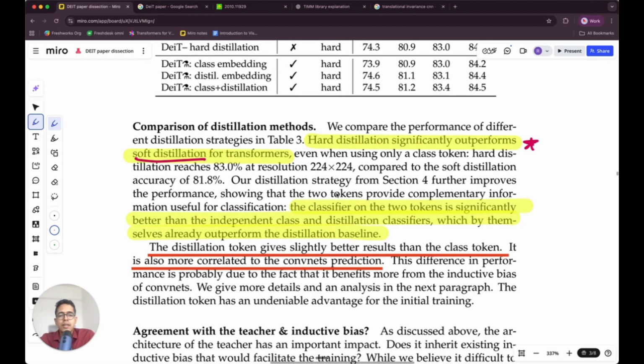So distillation, of course, improves the classification performance. The classifier on the two tokens is significantly better than the independent class and distillation classifiers, which by themselves already outperform the distillation baseline. So what they are saying is, a classifier where both of these tokens, class token and distillation token, are considered is better than just considering either one.